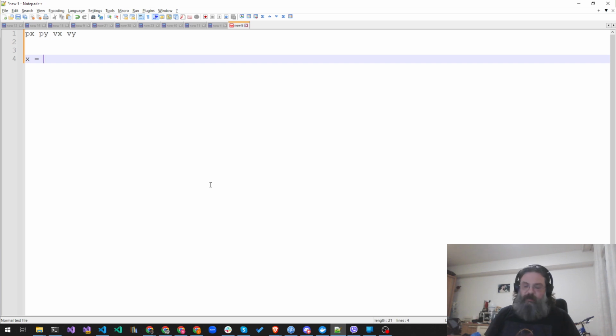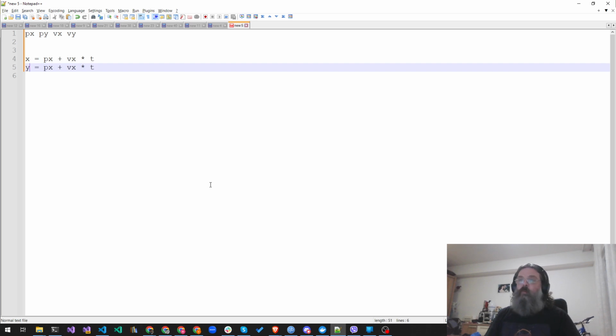Well, x is the initial x plus the velocity times the time passed. So this will be an equation that connects x and t, the time passed. And identically, we have y is py plus vy times t.